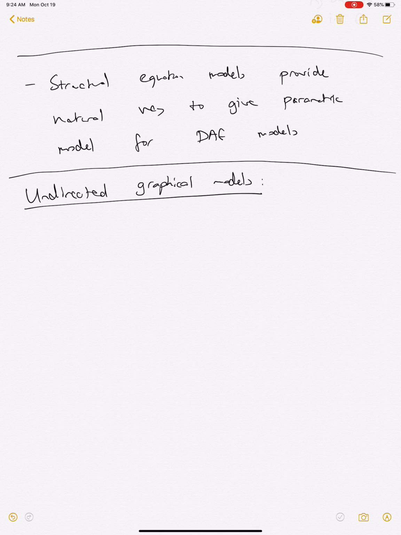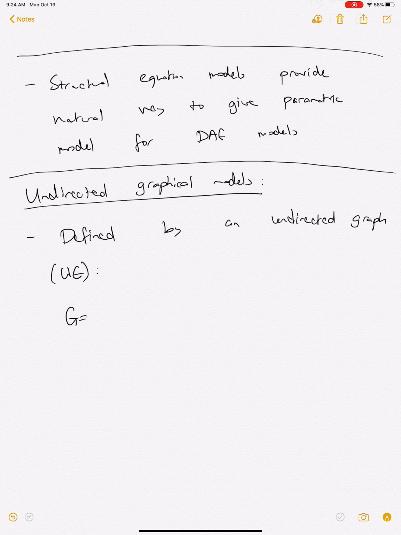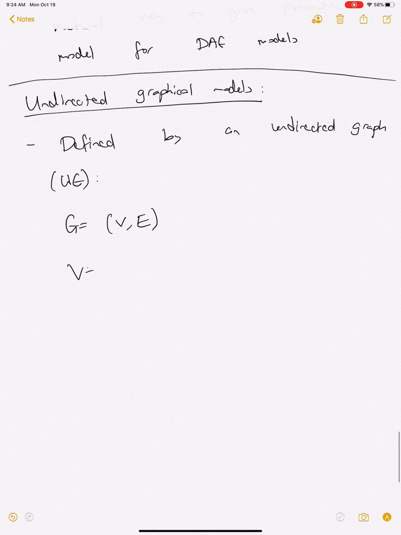So undirected graphical models are defined by an undirected graph. I'm going to use the notation UG here. So G here is equal to (V, E). Once again, V is equal to X1, X2, up to XP.